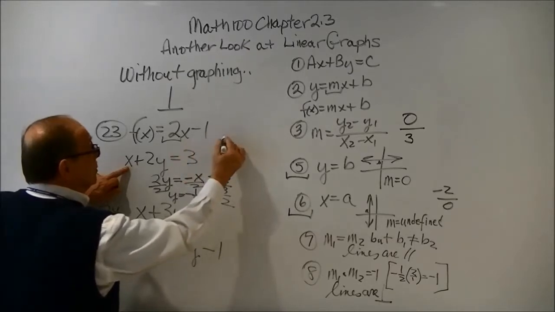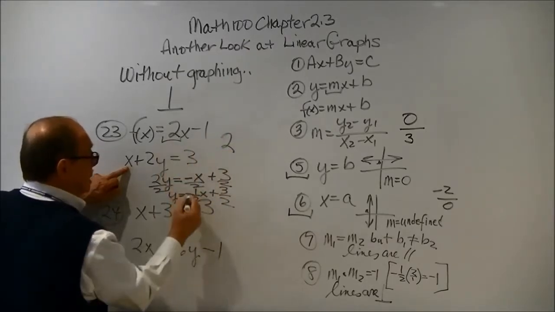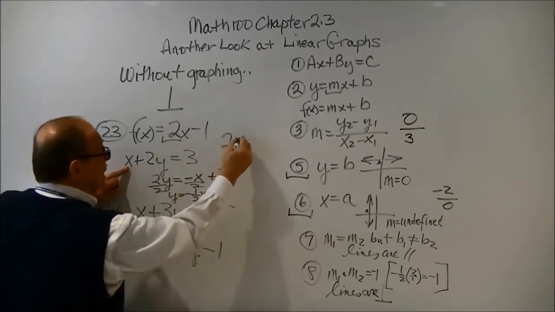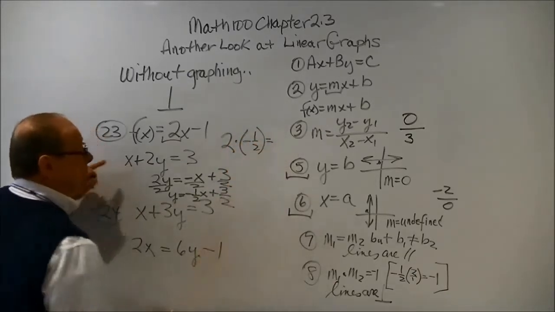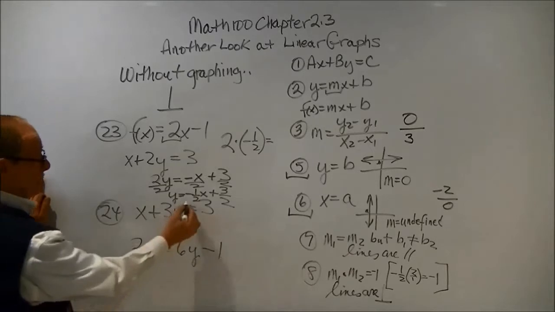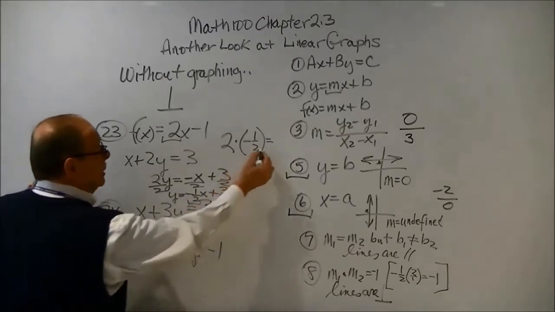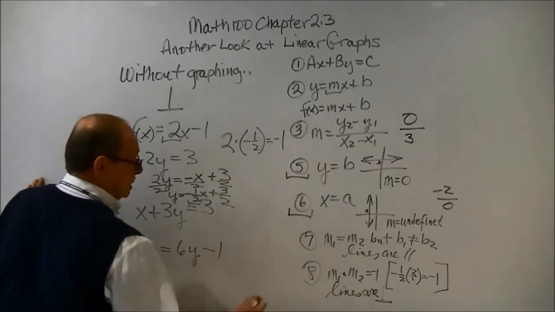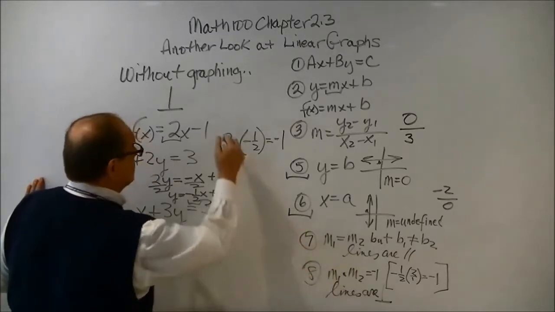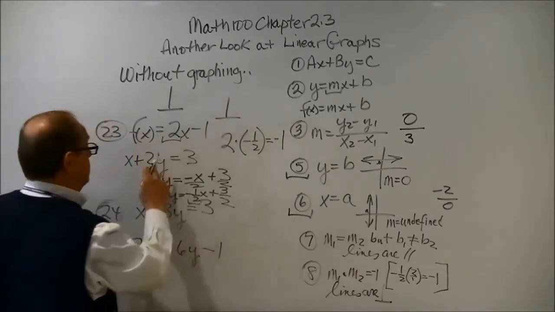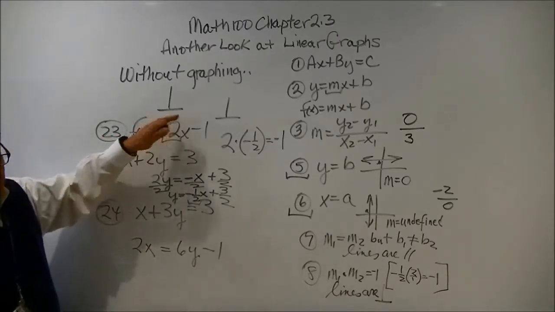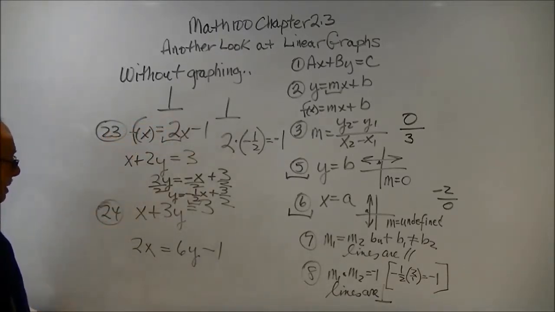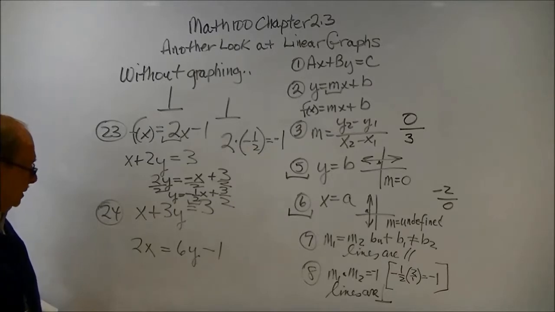So our first slope is 2. Our other slope is -1/2. When we multiply them, this becomes a -1. So these equations are perpendicular. The upside down capital T is the symbol for something being perpendicular.